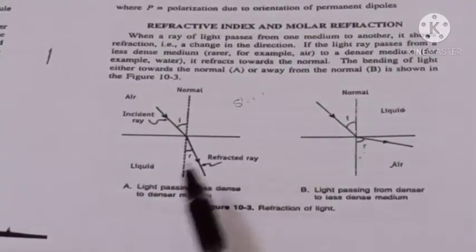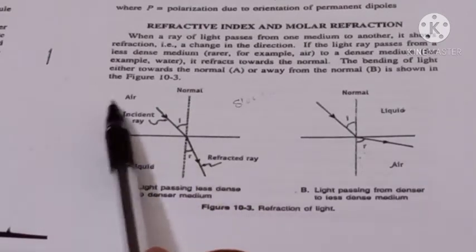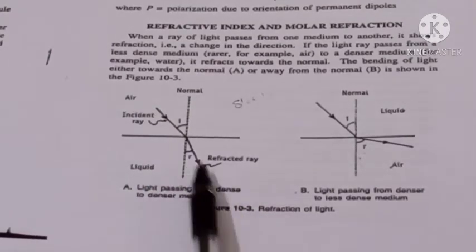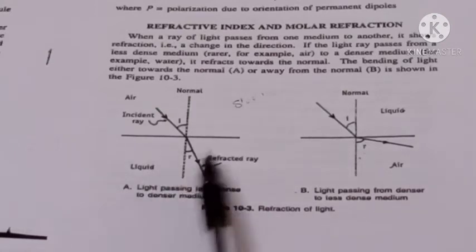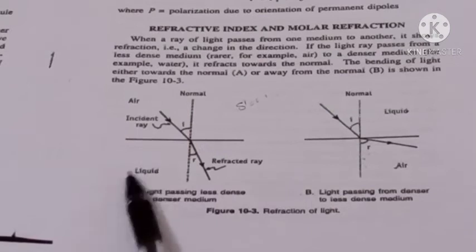Here you can see an image. Here is the normal and here is the plane. There will be a movement of the refracted ray towards the normal. Rarer medium is air, and denser medium is liquid.